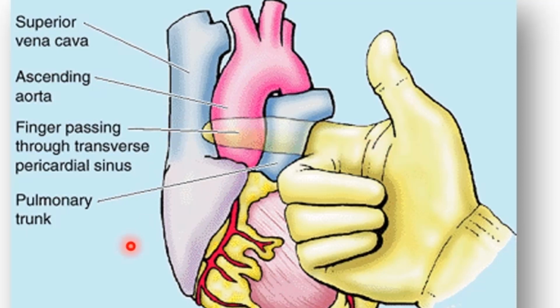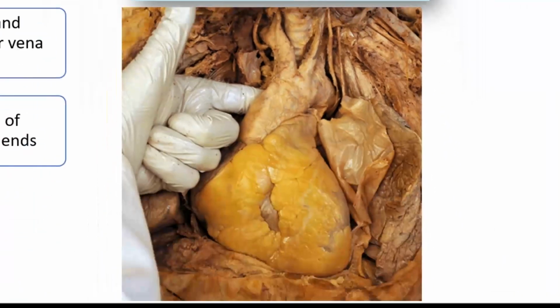So this space lies posterior to the pulmonary trunk here and ascending aorta here, but anterior to the superior vena cava. So this is an examiner's finger within the transverse sinus. And then if you also look at this picture here, we see the finger of this examiner running through the transverse sinus.